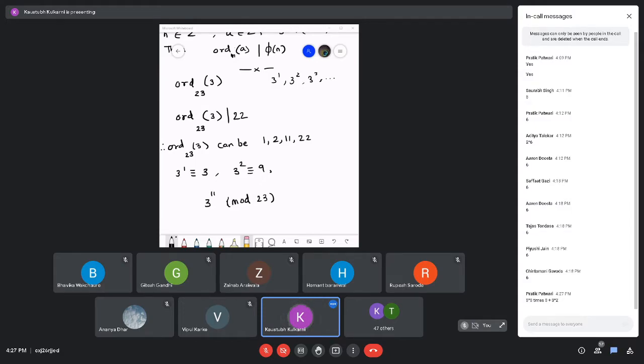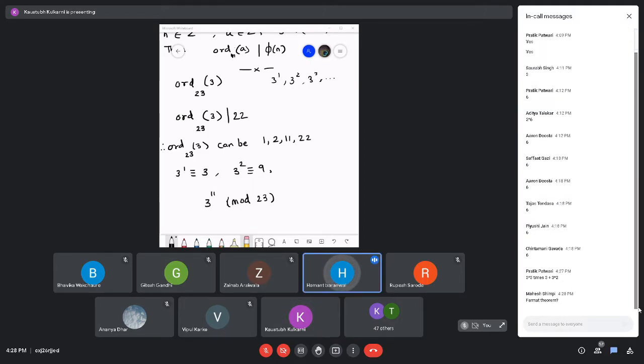Directly you can apply a theorem. Repeated multiplication will also work, but there is something simpler than that.